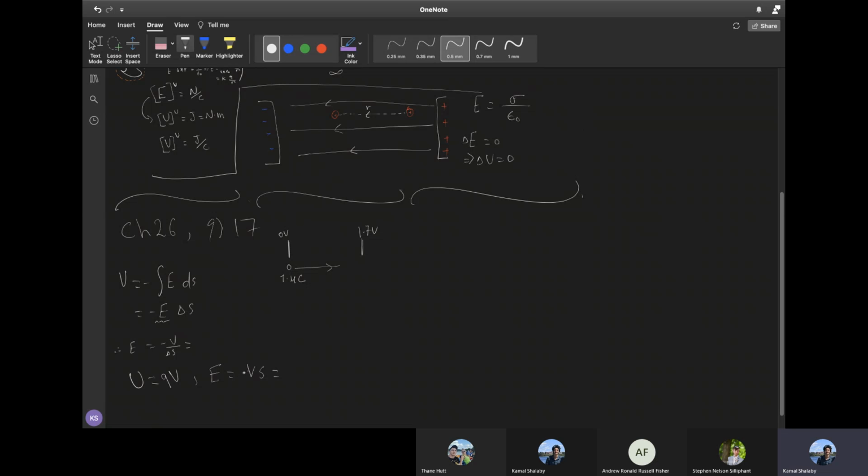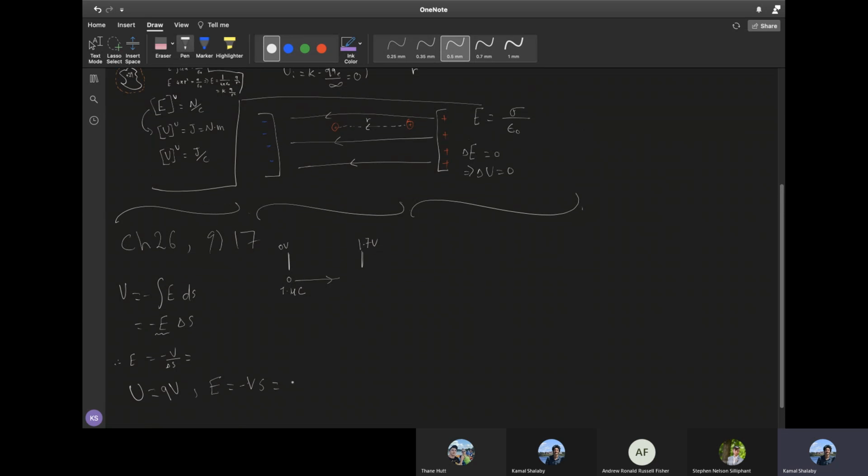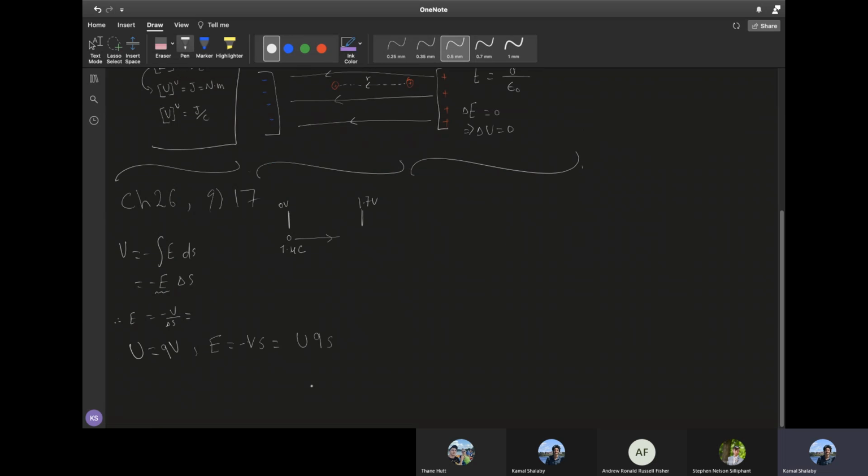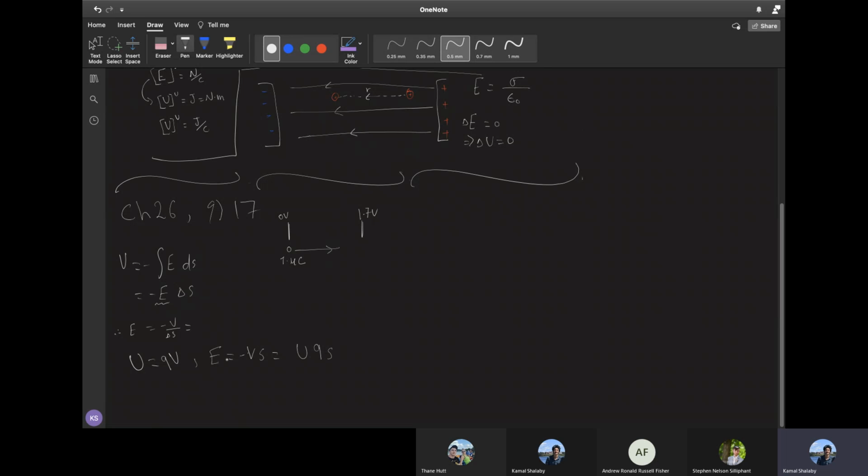V also is equal to, it should be negative, U over Q, S. Okay, there we go. Oh, that's really easy. Okay, I don't know why I said that's really easy. So now we have that negative Vs is equal to UQS. We can just say that negative V is equal to UQ, which we just wrote over there. So that means that U is equal to negative VQ.